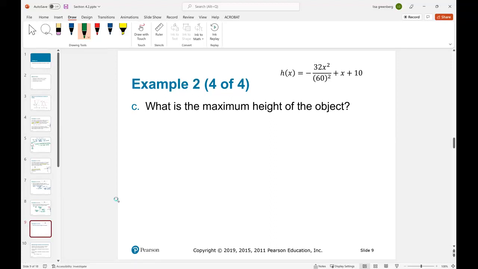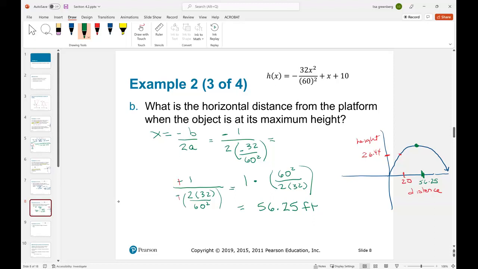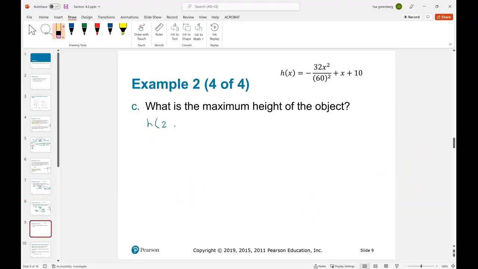So I have h of 56.25 is equal to negative 32 times 56.25 squared divided by 60 squared plus 56.25 plus 10.